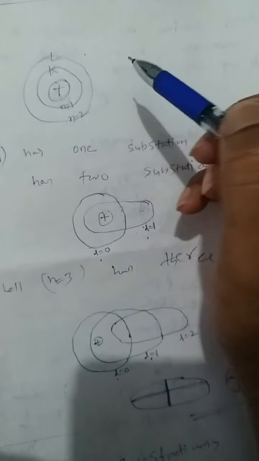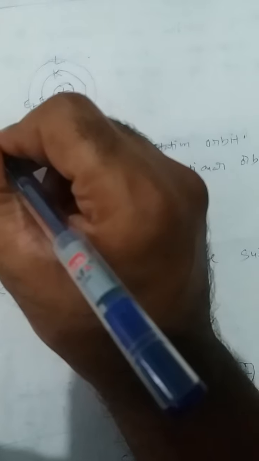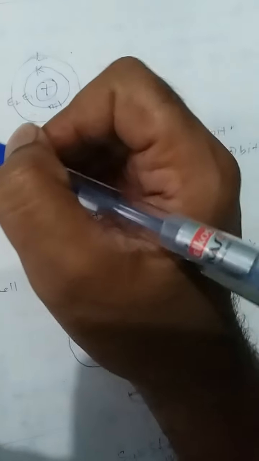As we move far from the nucleus, the size and energy increase: the first orbit has E1, the second stationary orbit has E2. According to Niels Bohr, E2 is greater than E1 and R2 is greater than R1. This happens for the next stationary orbits also.